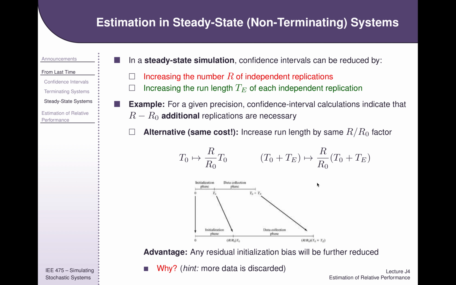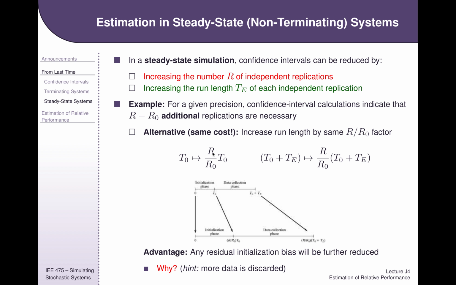And so if we initially ran R0 simulations and we estimated that we need to run R total simulations, so we ran 10 simulations and we want to run 100, rather than actually running 100 simulations, or actually do the 25. Let's say we ran 25 sims and we decided we wanted to run 250 sims.